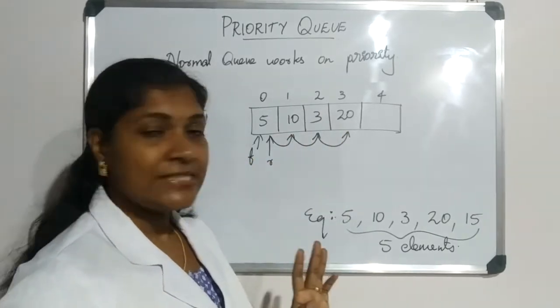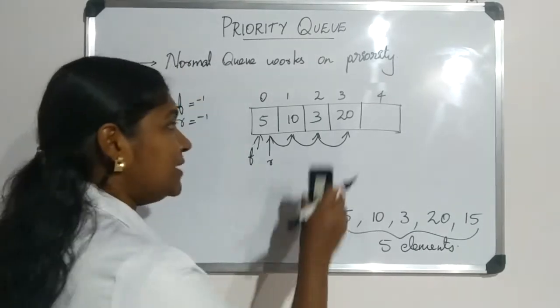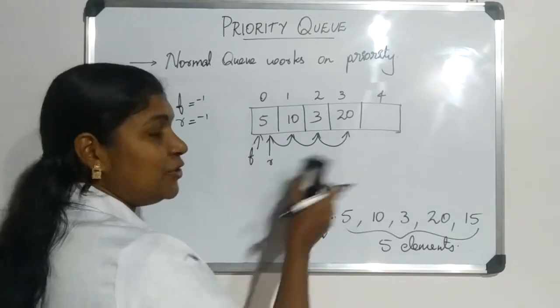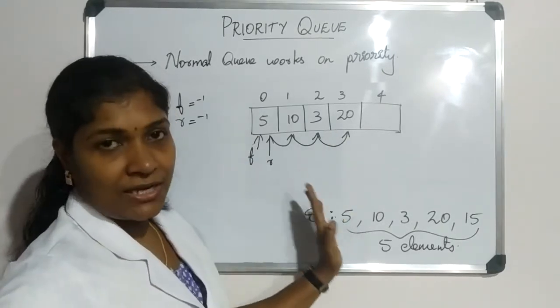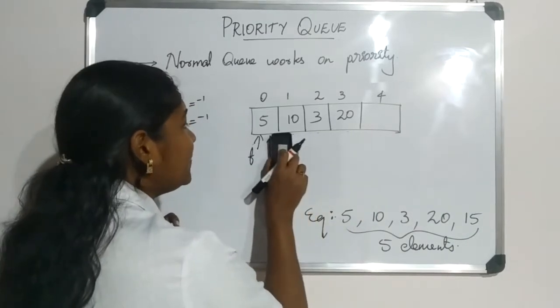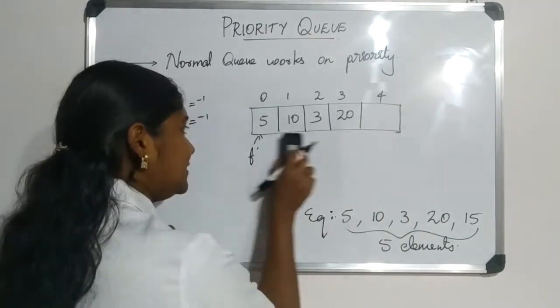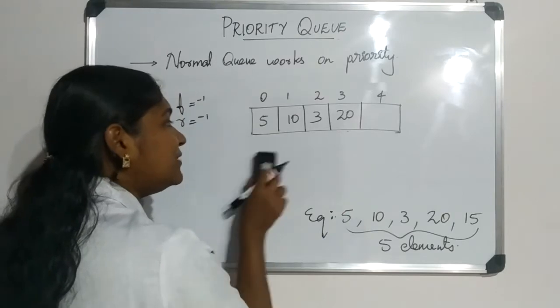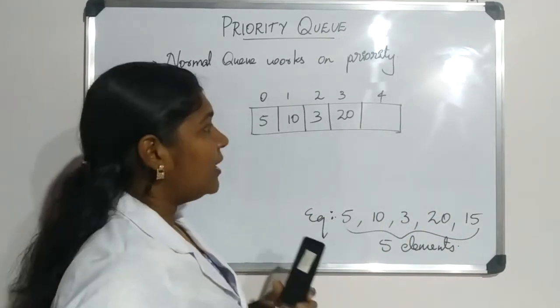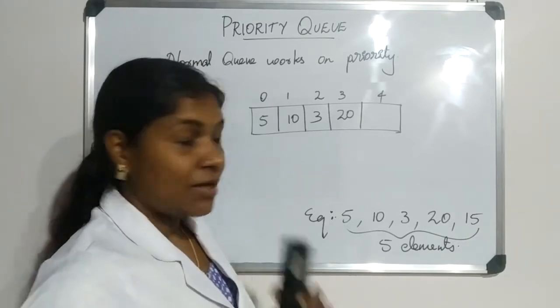So this is the same logic we are about to perform. In a normal queue, while we perform the NQ operation, the elements would be arranged like this. You are clear with this concept. But in a priority queue, I'll show you the final arrangement before we move on, or what we are supposed to get.